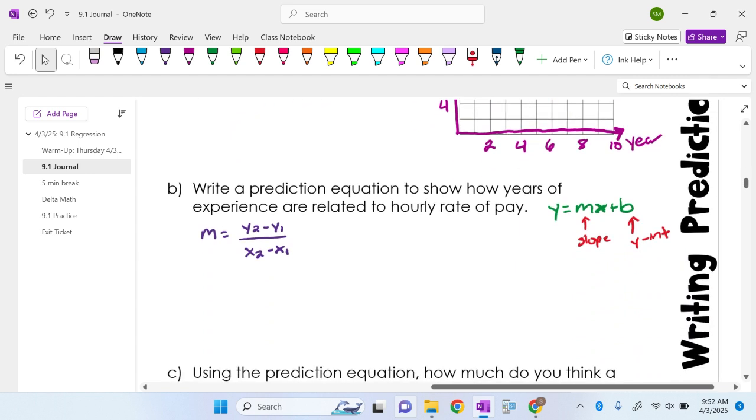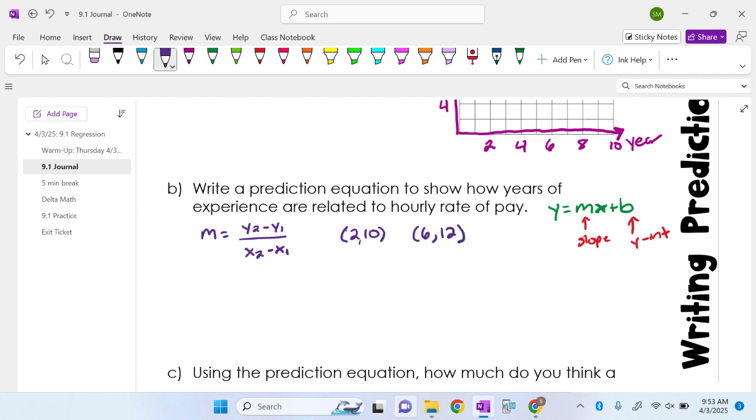So let's use the formula. We're using the points (2, 10) and (6, 12). Let's put it into our formula. Which point do you want to be our x1, y1, and which one do you want to be our x2, y2? Right. So I would say 2 would be x1, 6 is x2. So where does y1 go with? 10.